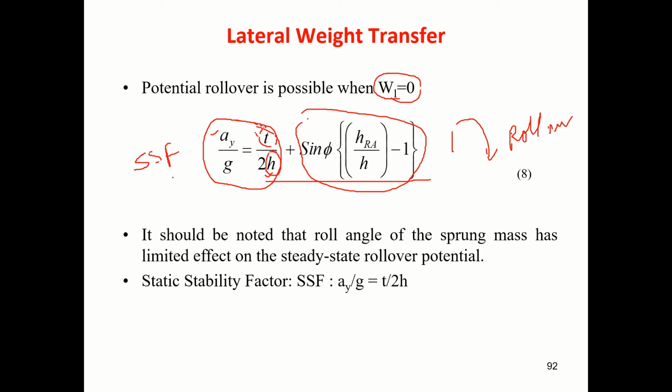In fact, vehicle simply skids, slides and spins and kind of things like that instead of rolling over. Correct? That's what really happens. So static stability factor is an important factor which will indicate the rollover possibility, rollover potential.